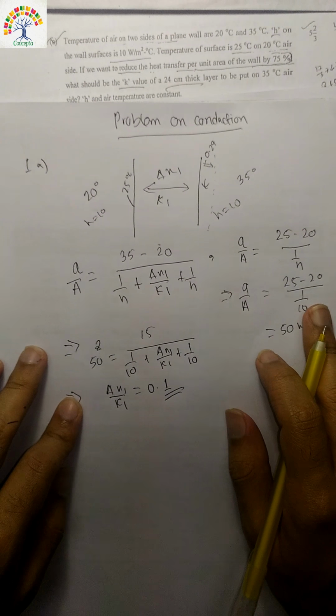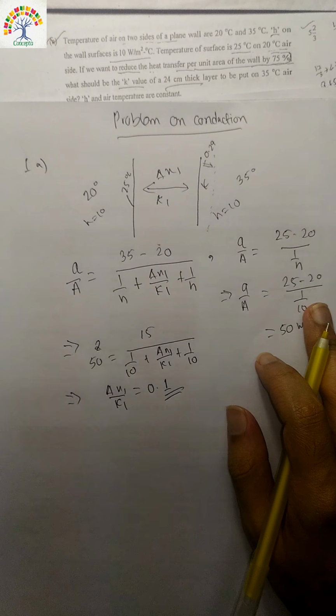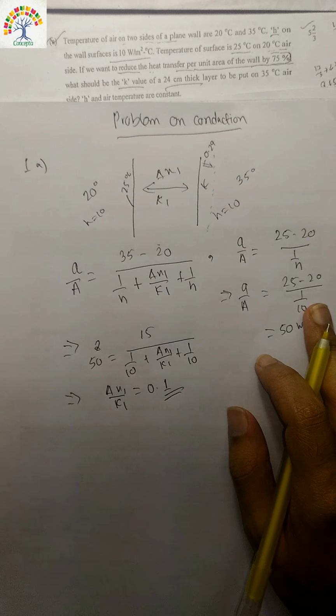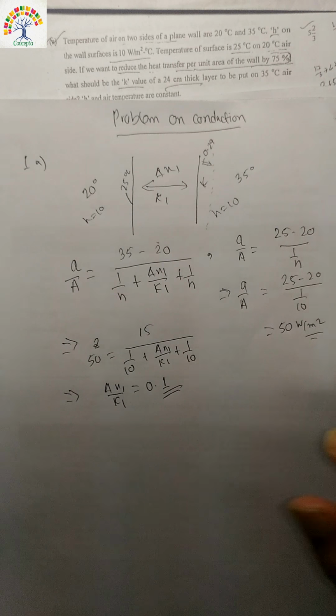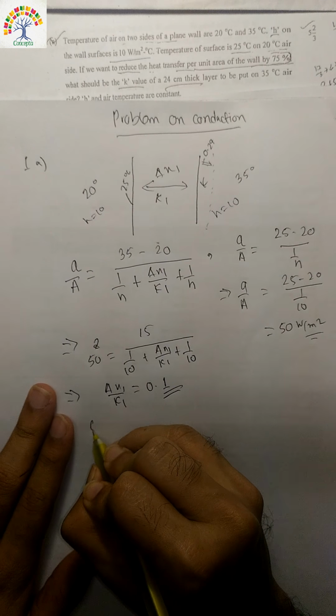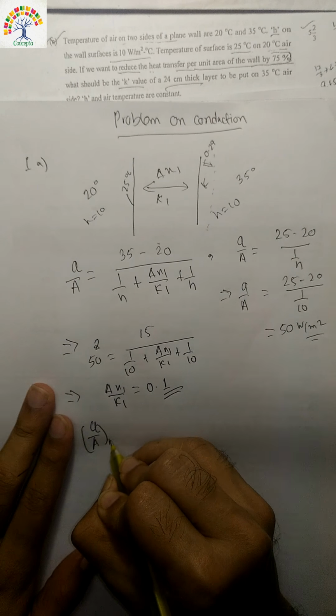Then we will go further down. In the question, if we want to reduce the heat transfer per unit area by 75%, then 75% will be reduced, and we will have about 25%. So what will be the new q by the initial q?